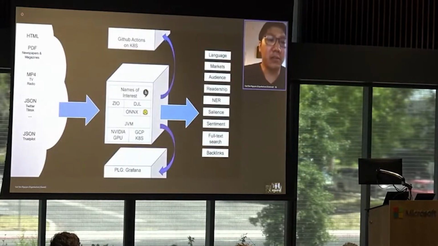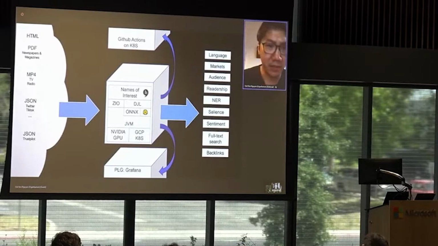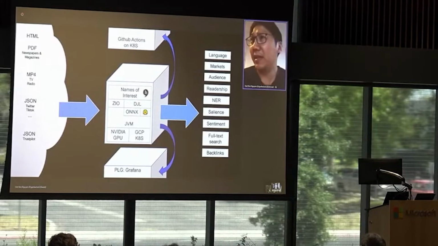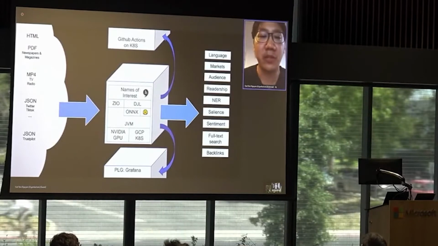So how does it look technically under the hood? We get data in all sorts of formats, HTML, PDFs, and then it goes to a pipeline where we use DJL, which was mentioned by Chin from Amazon, which wraps the ONNX runtime, and also wraps a part of Hugging Face's tokenizers for NLP tokenization.